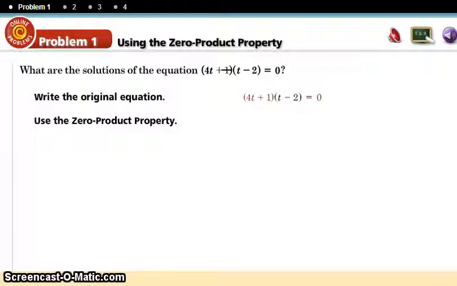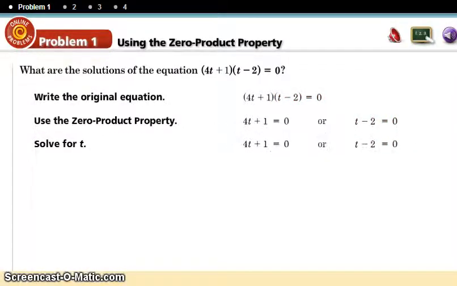By this property, 4 times t plus 1 equals 0, or t minus 2 equals 0. Solve each equation for t. Subtract 1 from each side of the first equation, and add 2 to each side of the second equation.